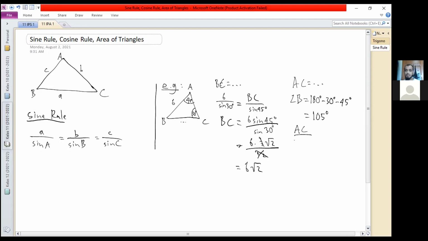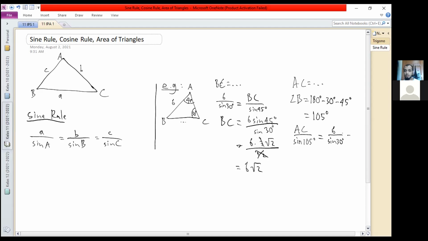So AC divided by sine of B, so sine of 105 degrees, is equal to, yeah, we can use any of the two angles. So let's just use AB and angle C. So this is equal to 6 divided by sine of 30 degrees.